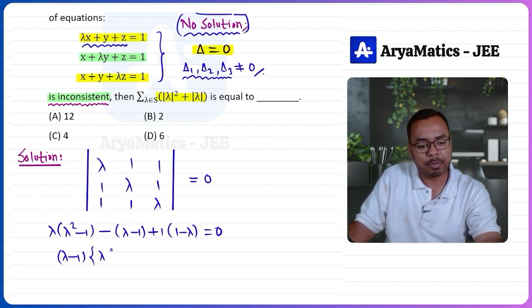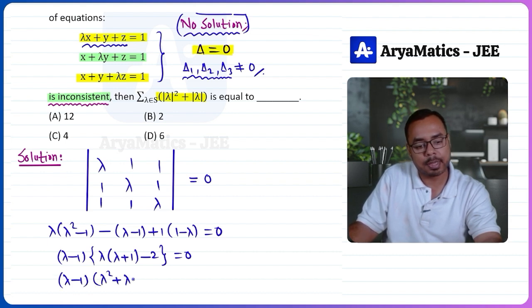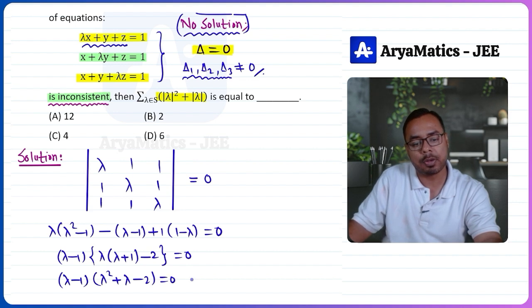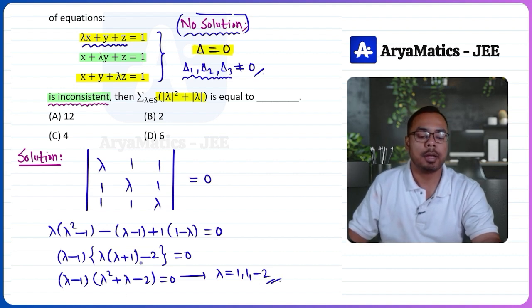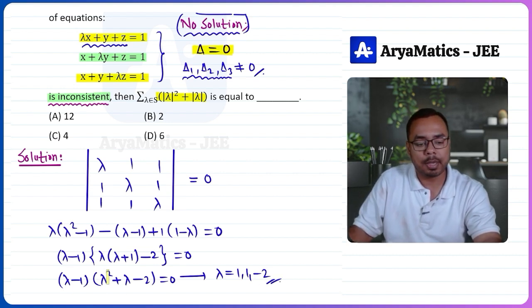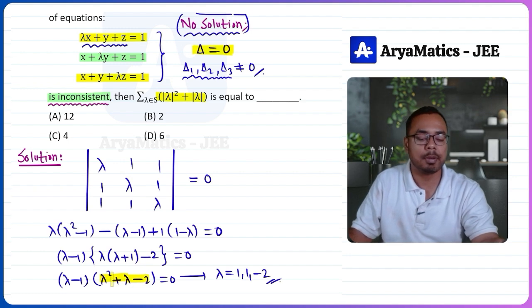From the first term you will get lambda into lambda plus 1, and from the others you will get minus 1 and another minus 1, so that is minus 2. So we have lambda minus 1 times lambda square plus lambda minus 2 equals 0. From here we get three values of lambda: 1, 1 and minus 2. You will get 1 from the first factor, and the roots of the quadratic are 1 and minus 2.